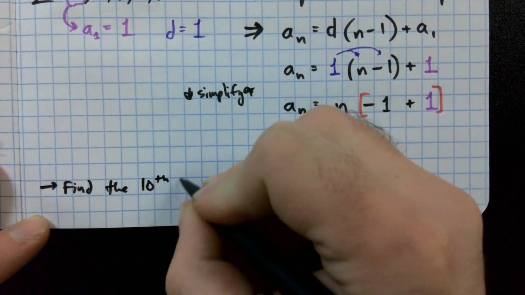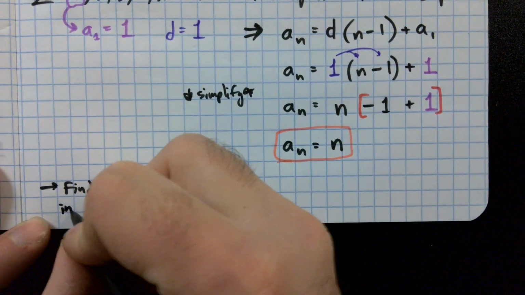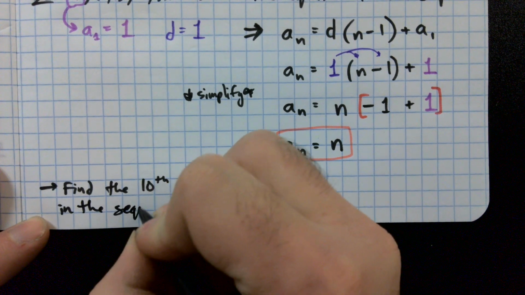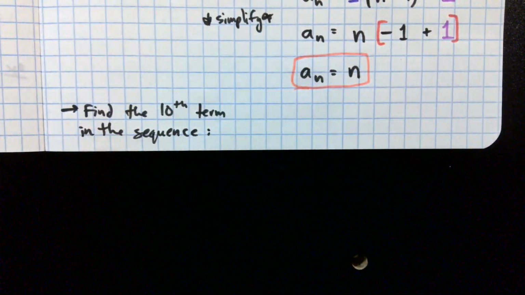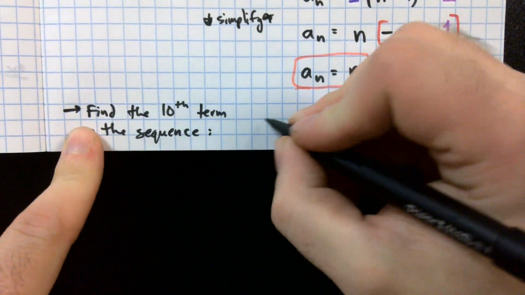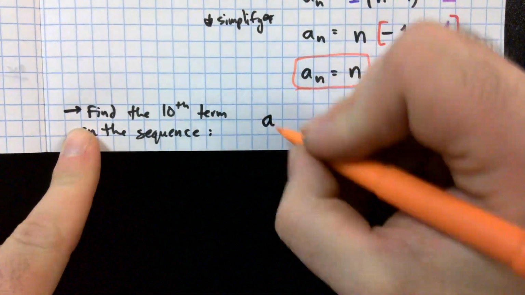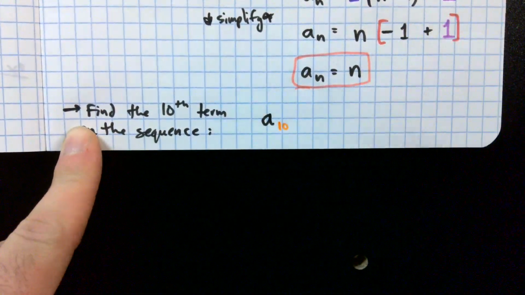So if I was now asked to find the 10th term in the sequence, for something like this, it would be very simple. If I was asked to find the 10th term in the sequence, that's like me asking to find a sub 10.